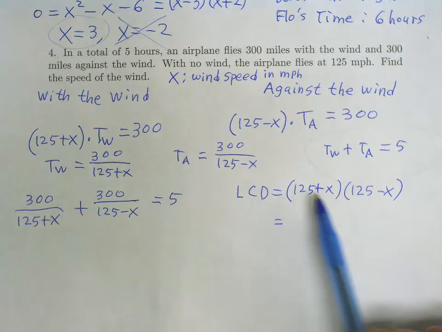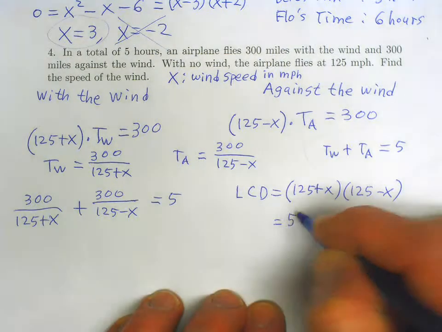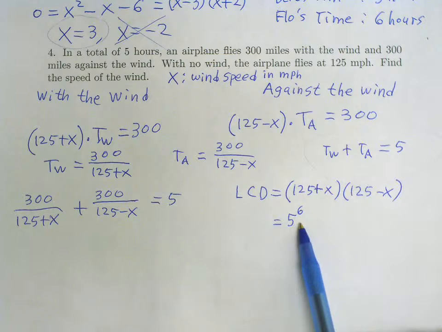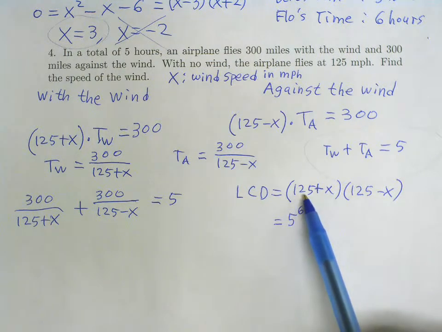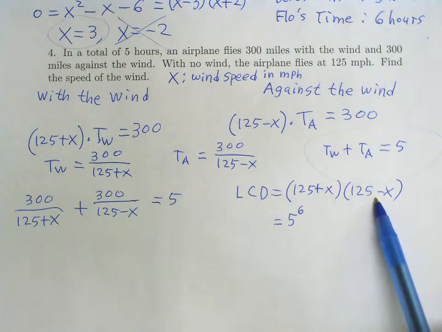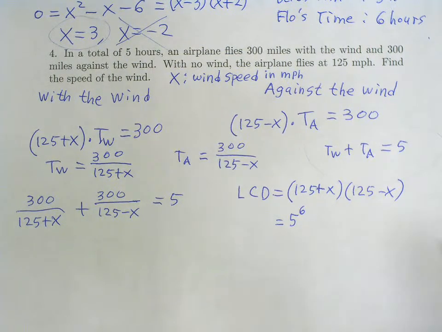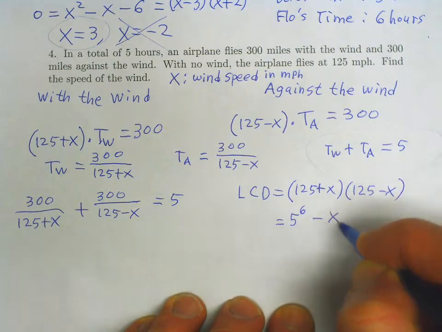So 5 to the third times 5 to the third is 5 to the sixth. I'd rather write 5 to the sixth at this point as opposed to the big long number that it would be if I did that. Okay, but then after that, 125 times negative x and then plus x times 125, those two terms cancel each other out. So we're just left with minus x squared.